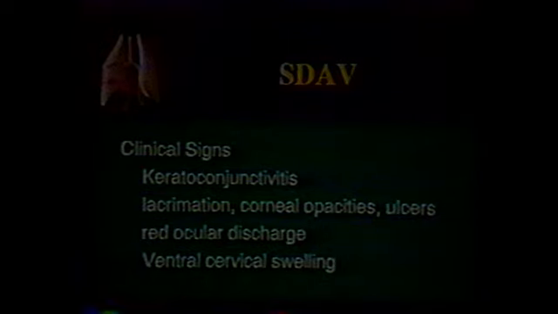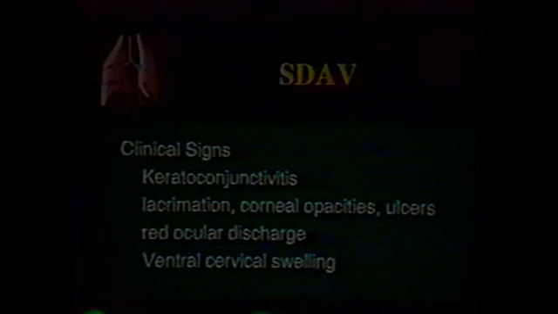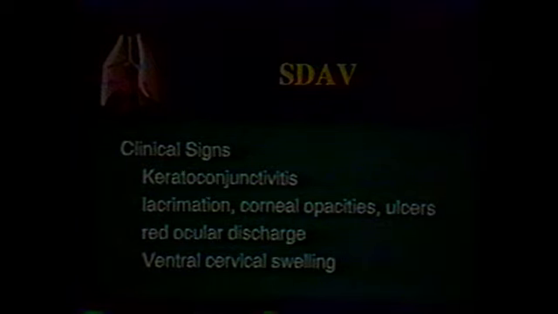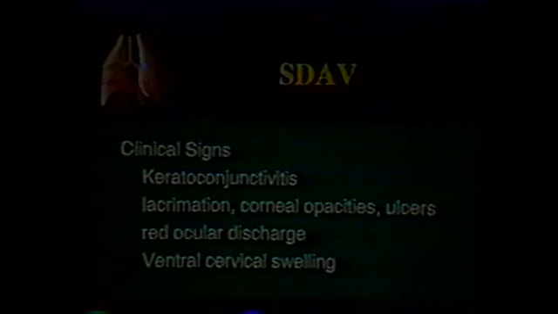So when you see that, it's often a sign that there is a non-specific URI, but it's not going to occur only in SDAV infection because it occurs in the other upper respiratory infections as well. The animals may show signs of photophobia. There may be winking and blinking, and you may see sneezing and wiping the nose. All the things associated with upper respiratory infection, the animals may be expressing that, okay?